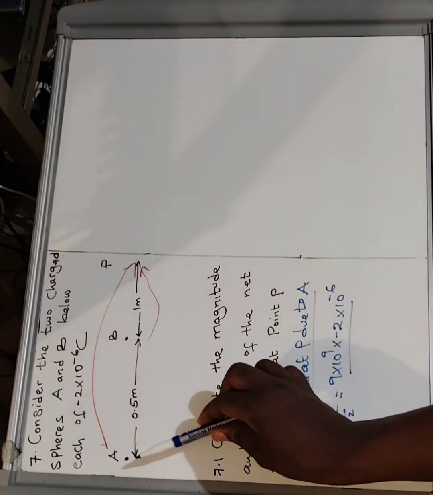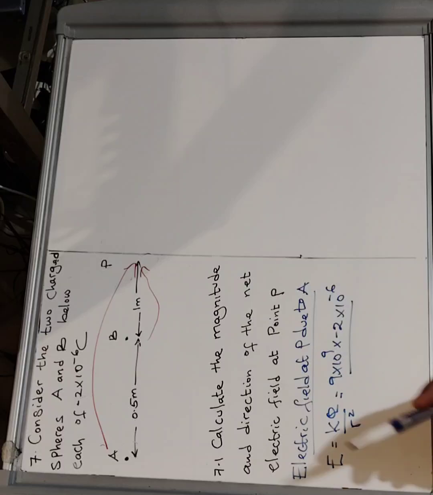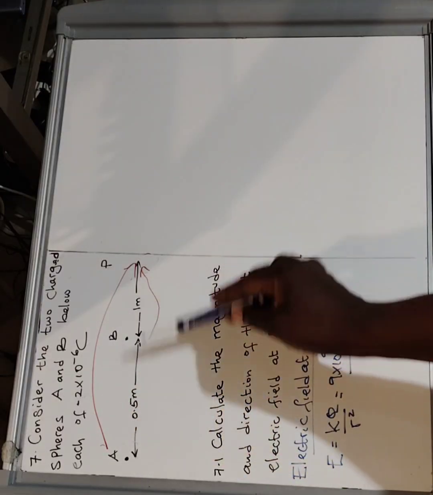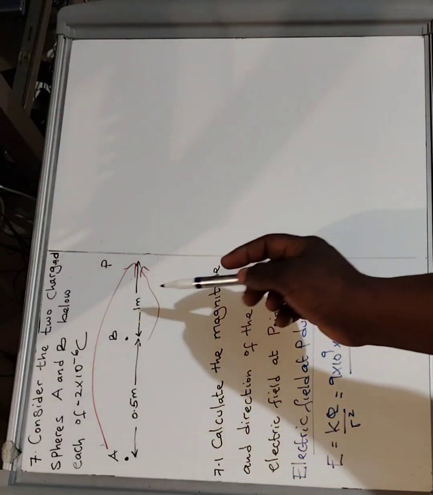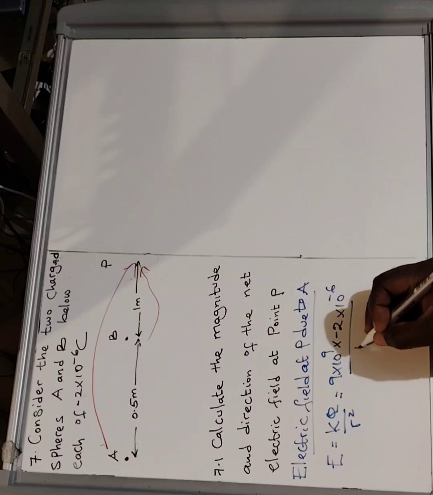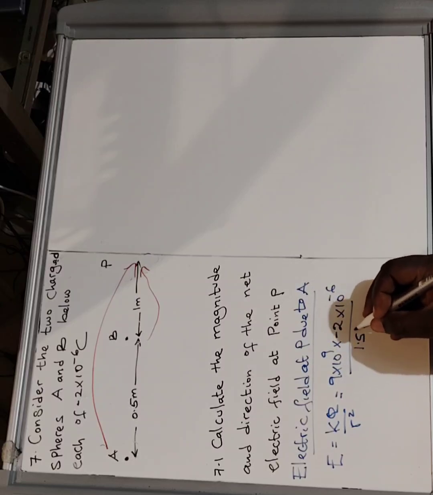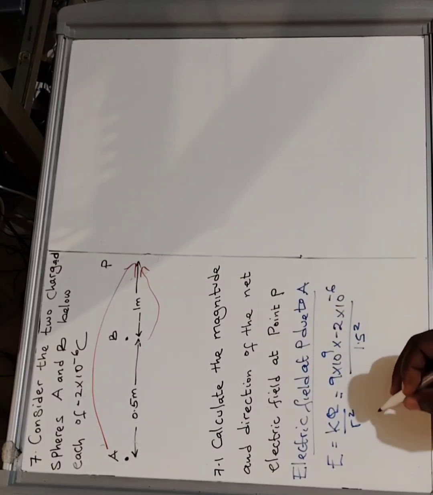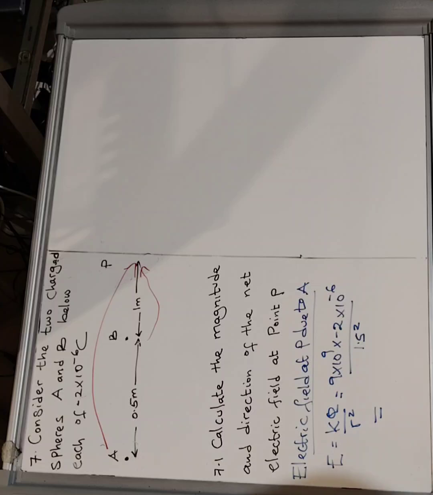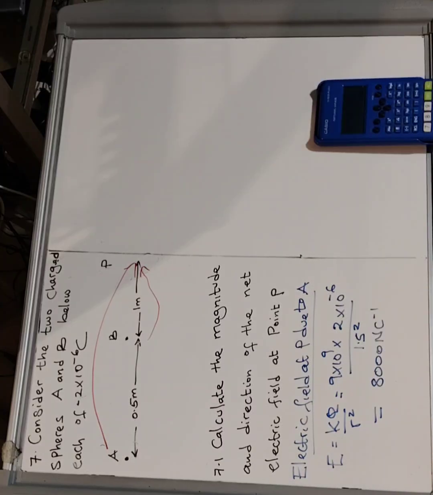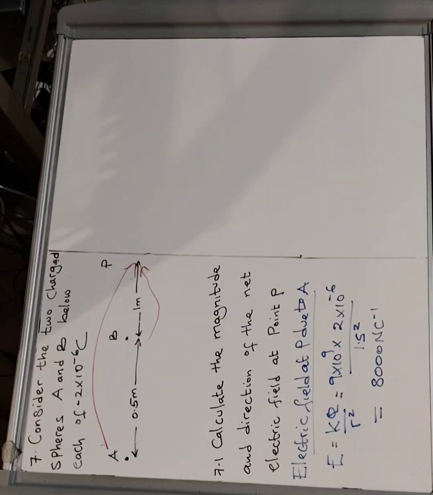And the distance between A and P is the sum of these two, 0.5 and 1 meter, so it's going to be 1.5 squared. What we get here will be the electric field at P due to A. So this is what we get, 8,000 newton per coulomb.